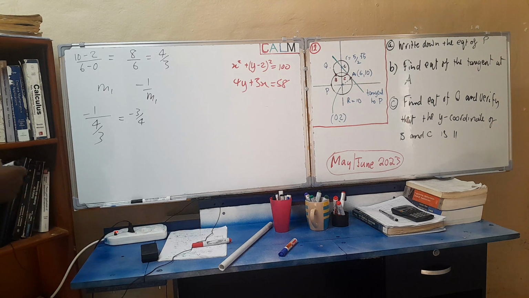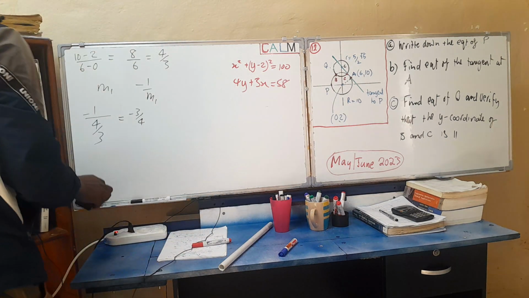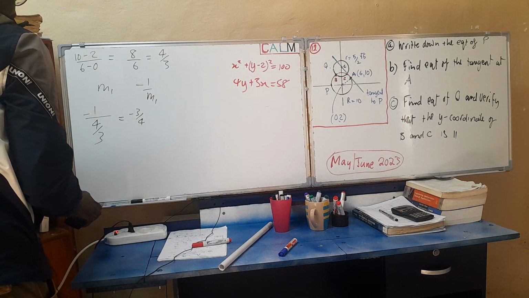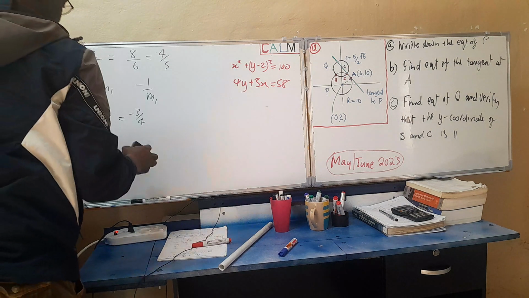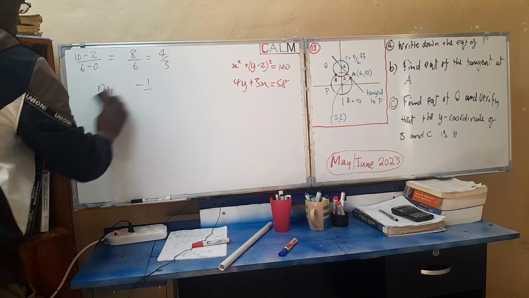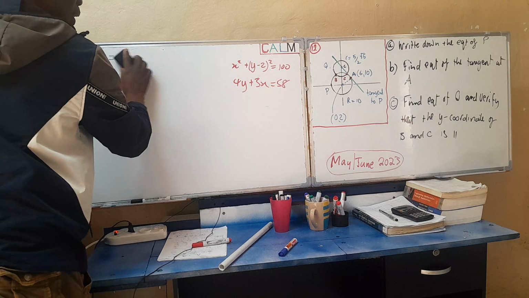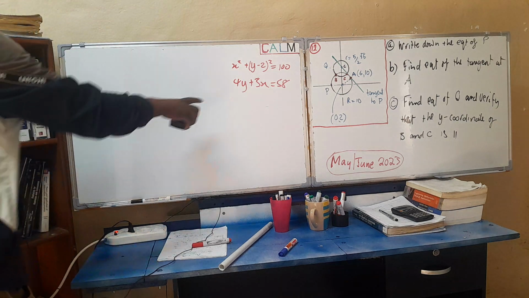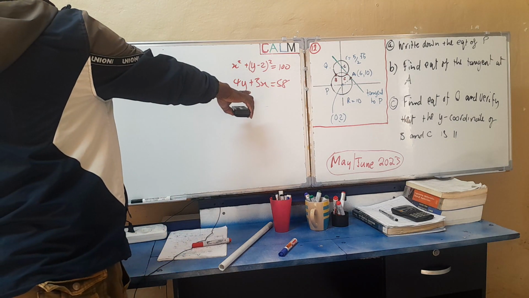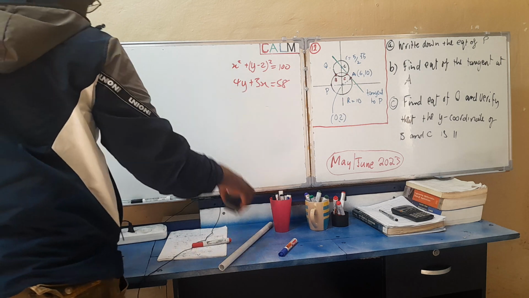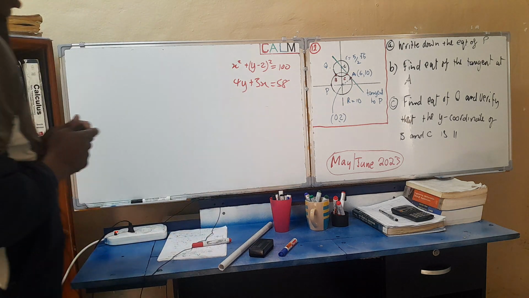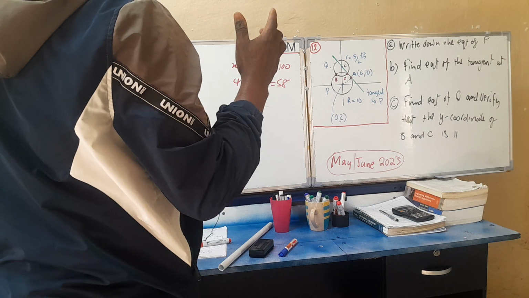So the gradient of our tangent is minus 3 over 4. Remember how we got there. Okay? And we finally got the equation of the line is 4y plus 3x equals 58.